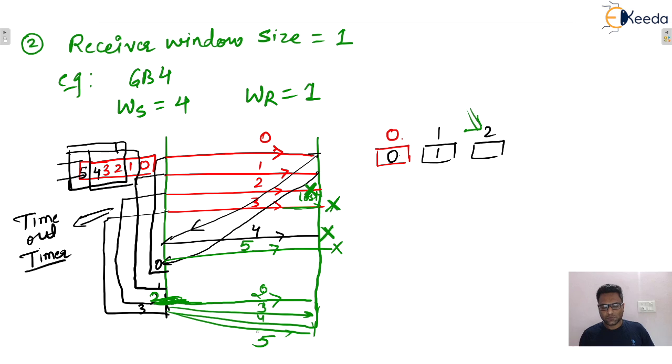I hope this is clear to everyone. Now when the second packet is received, it will be consumed by the receiver, then the third packet, and so on. So what is the concept here? Presently, this was the window 2, 3, 4, 5.